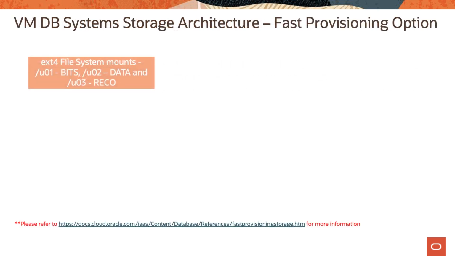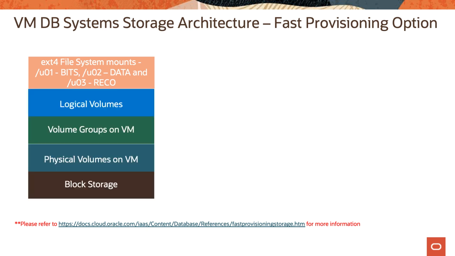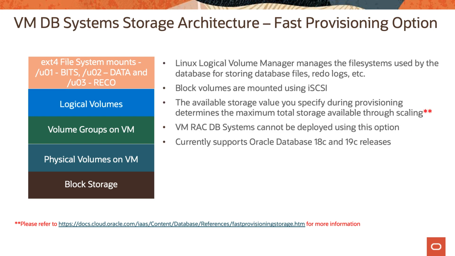Let's now look at the VM DB system's storage architecture for the fast provisioning option. This also uses the block storage service for the disks required for the VM shapes.